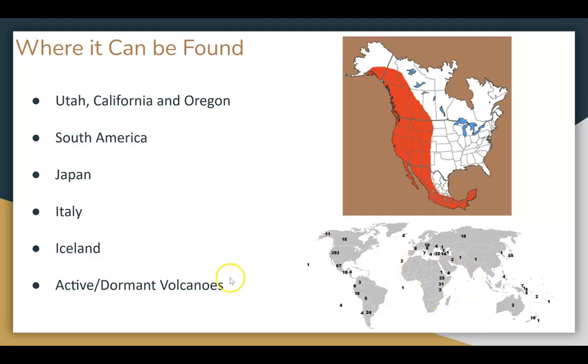These 5 areas, or technically 7, are the most common areas where you would find obsidian. But usually you'll find it anywhere around an active or dormant volcano, as it needs magma for obsidian to form.